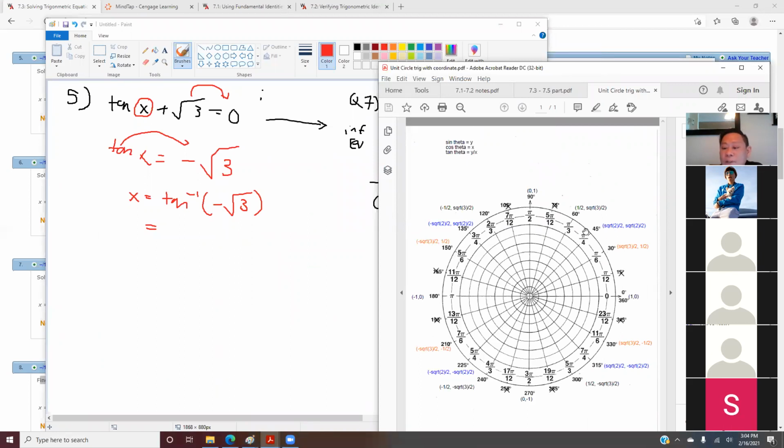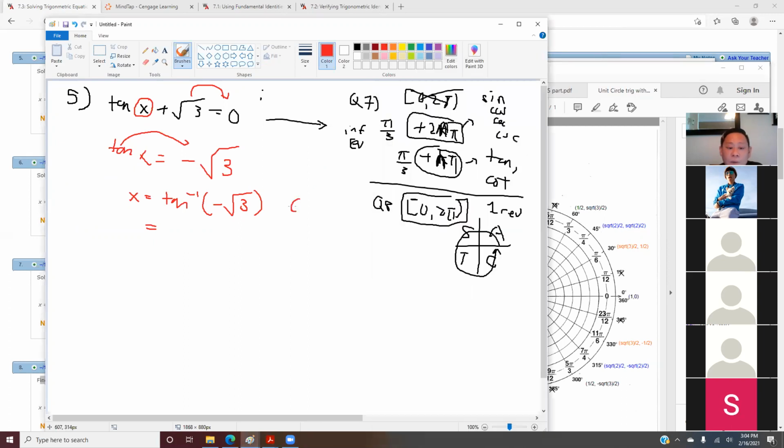Which one of these, when you divide, will give us square root of 3? Which one will give us 30, 45, or 60? 60. 60 degrees. But as you know, we want this in radians, so this is pi over 3, right? But this is just for square root of 3, but I want a negative square root of 3.